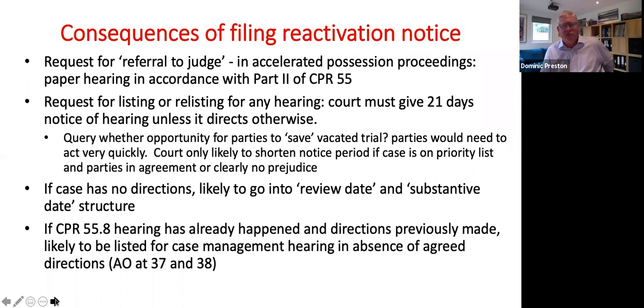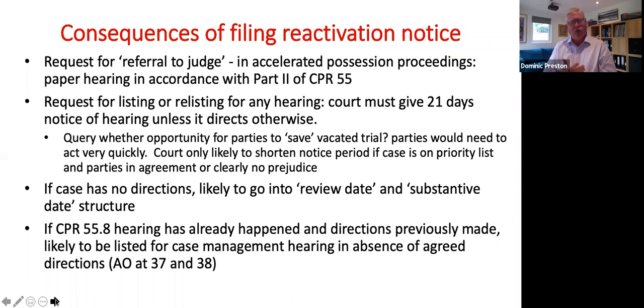If the case has no directions, and you're effectively in the normal position, absent all these new provisions, you would have been expecting a first return date, it's likely to go down the review date and substantive date structure that Alice described.